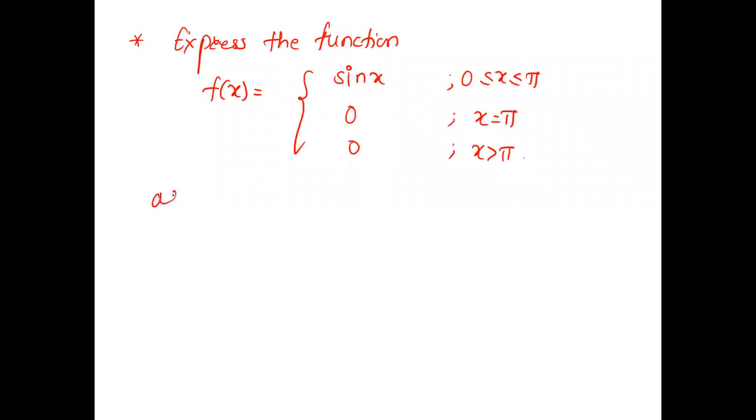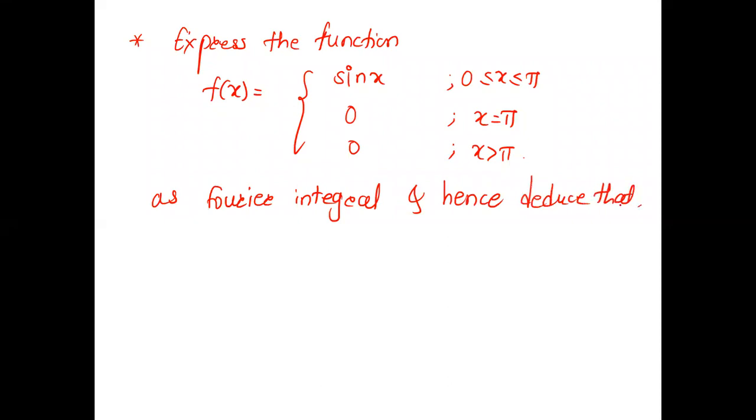Express this function as a Fourier integral, and hence deduce that the integration from 0 to infinity of cos omega pi by 2 upon 1 minus omega square d omega is pi by 2.